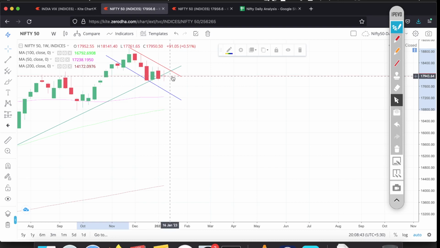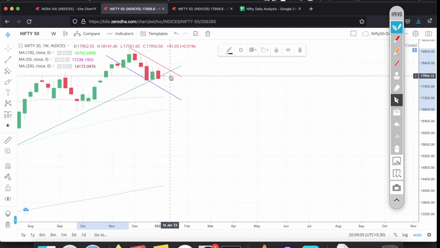Next week of Nifty may most likely see a lot of action. Usually when these kinds of haramis happen, the next candle would be very decisive in nature, so the direction would be established during the next candle.